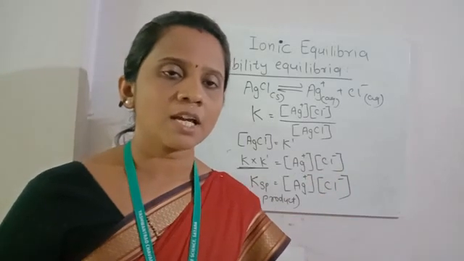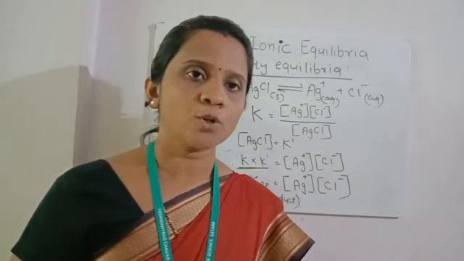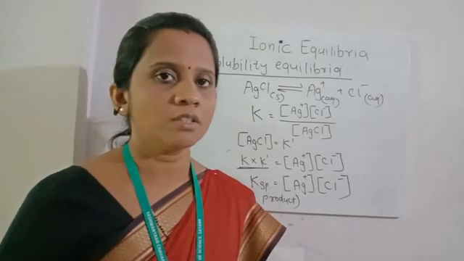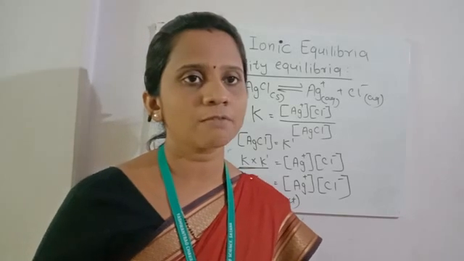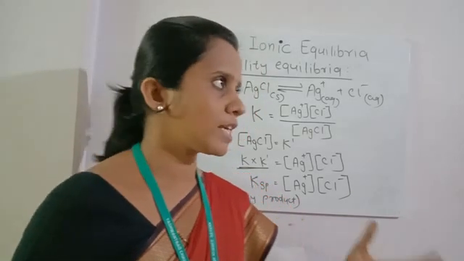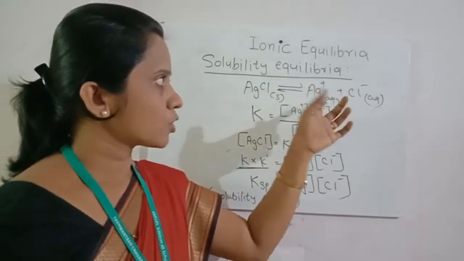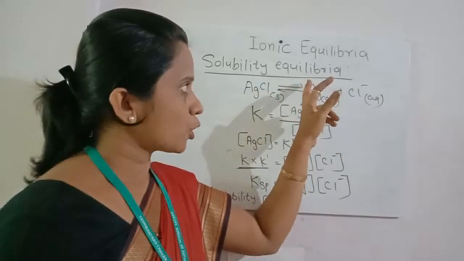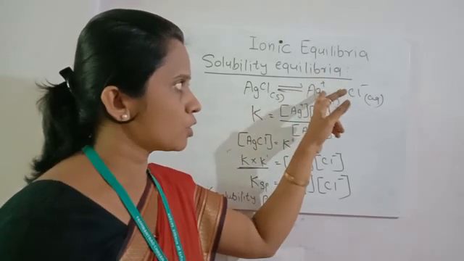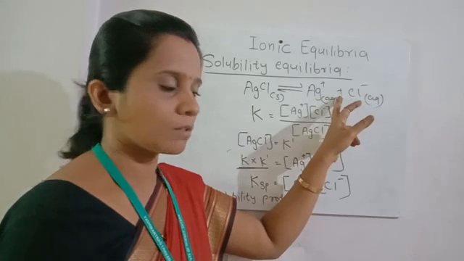When we balance the chemical reaction, that process is called stoichiometry, and the coefficients which we use for balancing those equations are called what? Stoichiometric coefficients. So in this reaction, there is no need of balancing, and the stoichiometric coefficients for Ag plus is 1 and for Cl minus also it is 1.